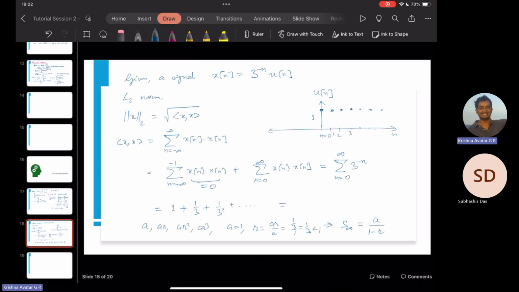We'll have 1 divided by 1 minus 1 by 3, which is 1 divided by 2 by 3, and this is equal to 3 by 2. So this is how you would determine the expression to get the norm of the sequence. Okay.